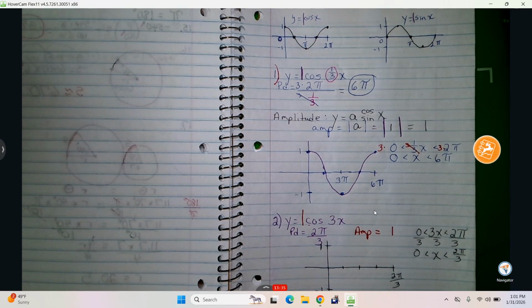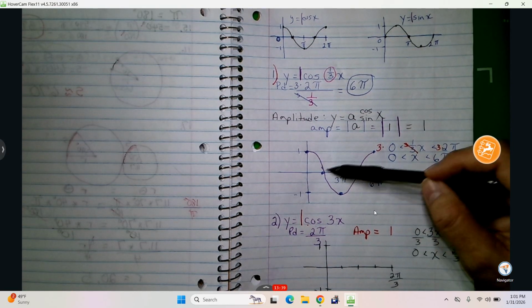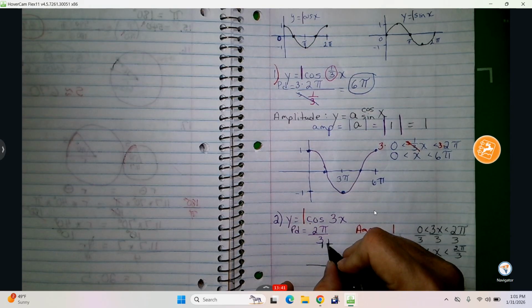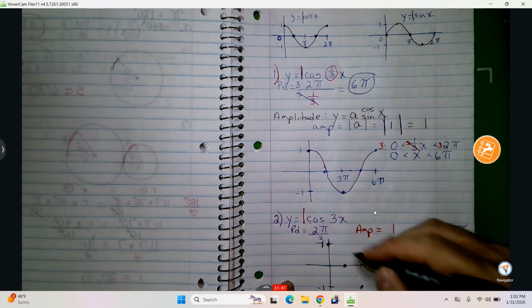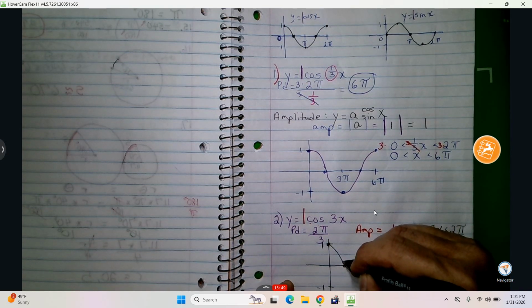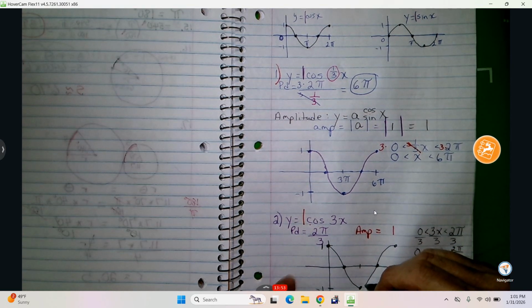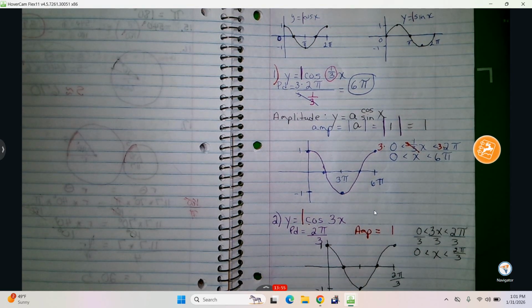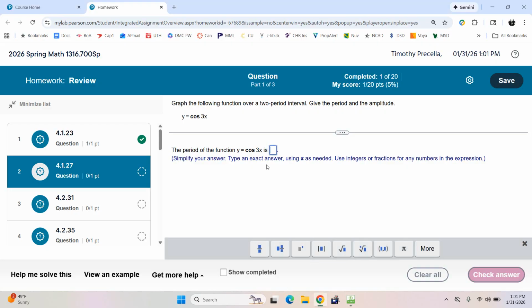And then I'm just going to draw those same 5 key points like I did here. 1, 2, 3, 4, 5. Now some of y'all are punching these into your graphing calculator, and that's fine. I'll do it the old-fashioned way.